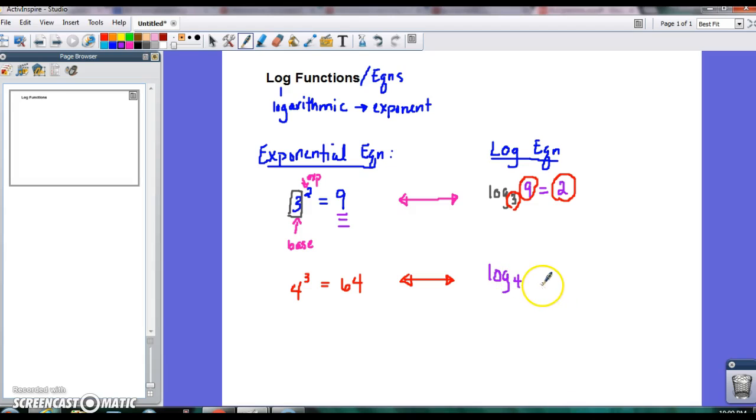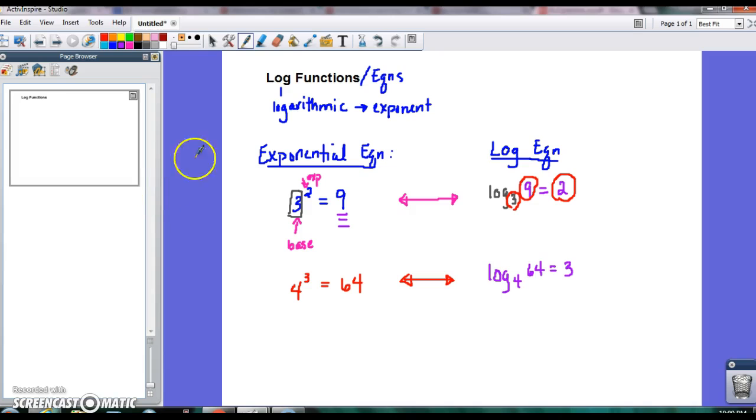Log 4 of 64 is 3. The way you say this is log base 4 of 64 is 3. The exponent of 4 that gives me 64 is 3. These two equations are equivalent.